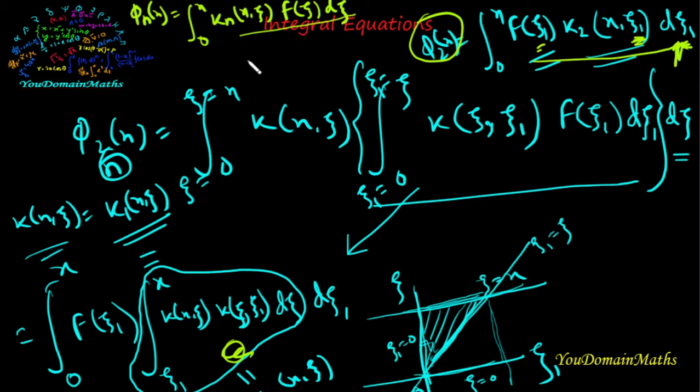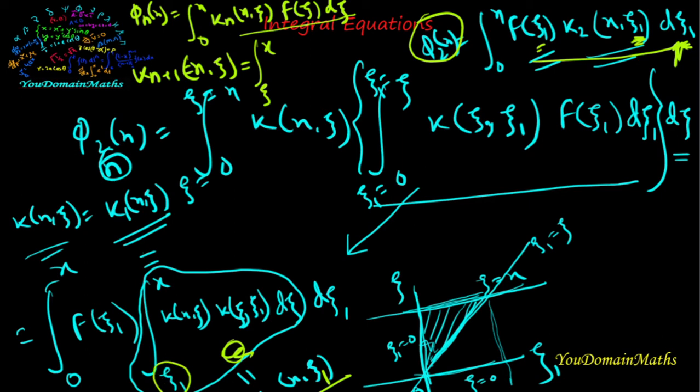And the recursion relation: kernel K(n+1)(x, ξ) is a function of x and ξ, but this kernel is (x, ξ1).